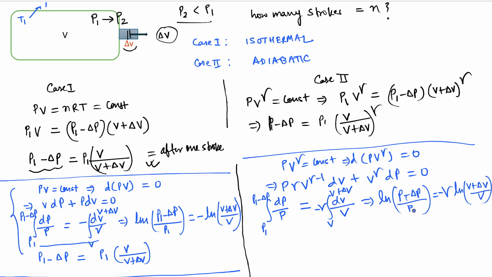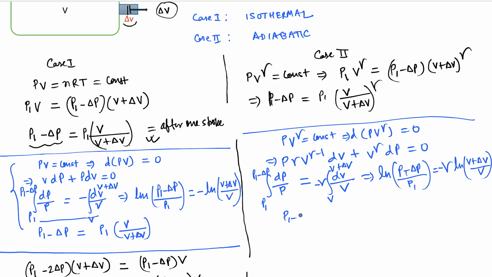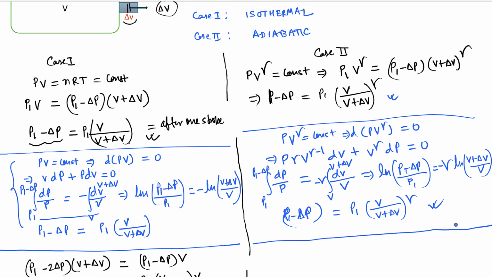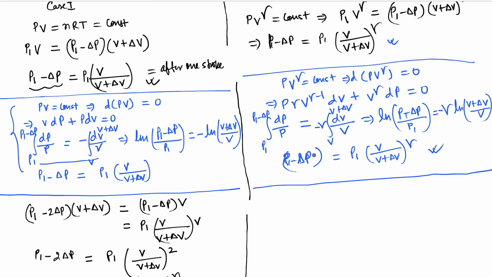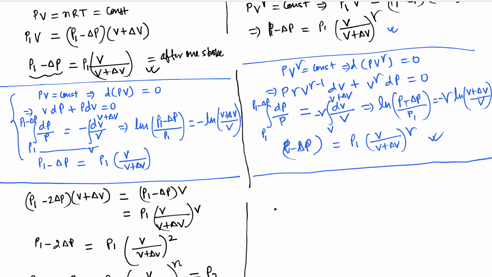Therefore, P1 - delta P will be P1 (V / (V + delta V))^gamma. Okay, so this equation is the same as this. So we can still use this method as well. And this is going to be very handy when you get into some complex situations where P and V are not linear.